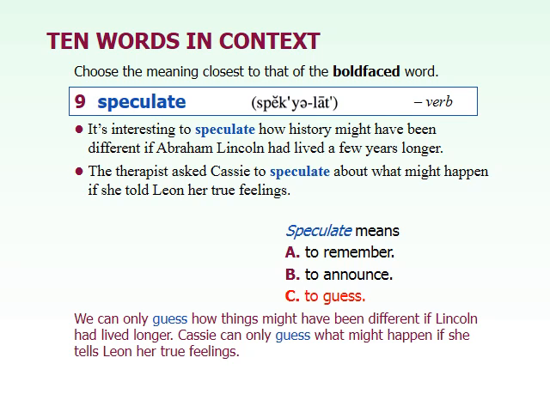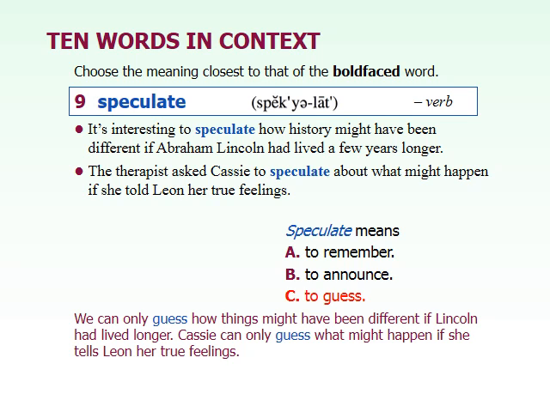In the first example, I know that we're talking about the past, but you're imagining if at this point Abraham Lincoln hadn't died, what would the future have been like after that?